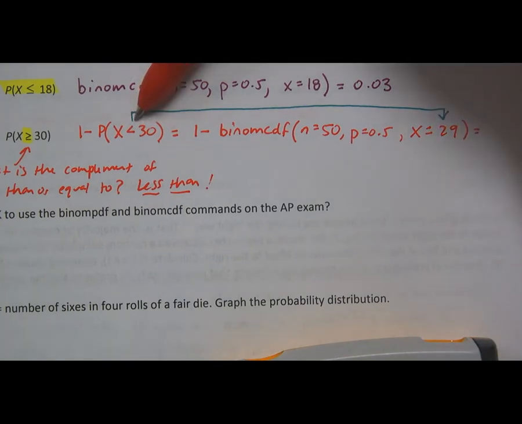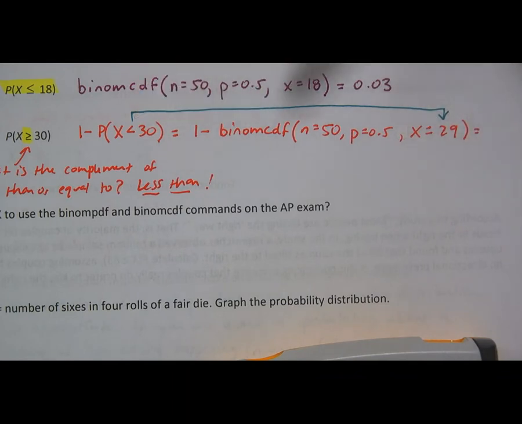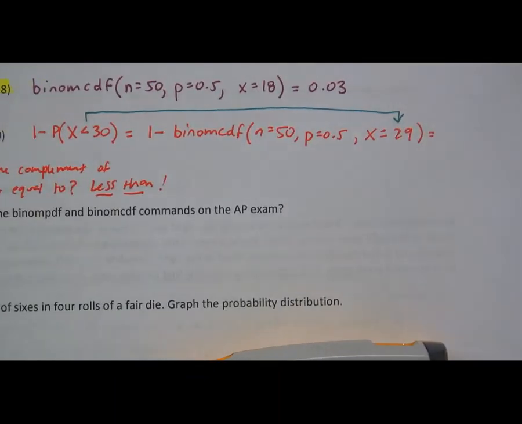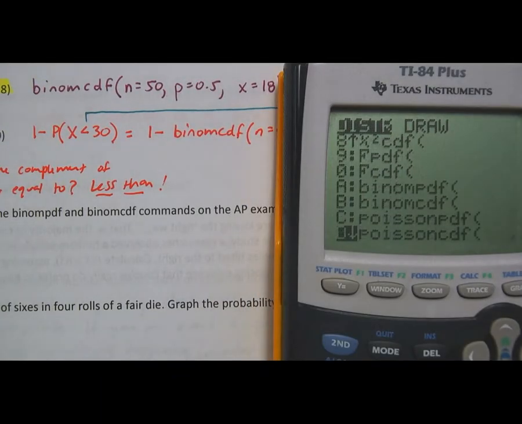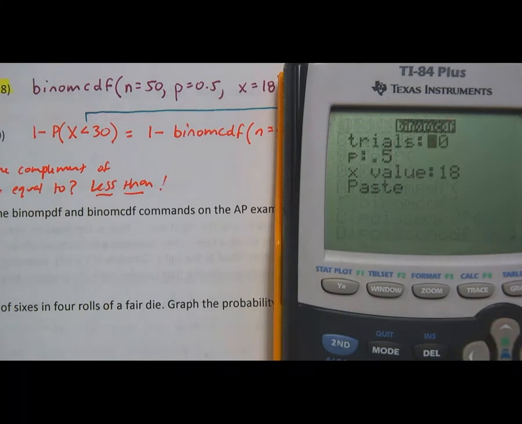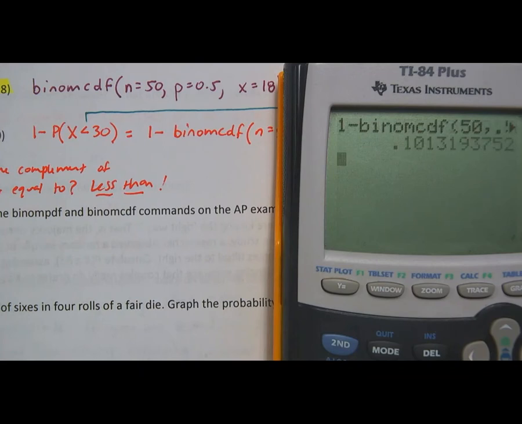So put it in terms of less than, and if you put less than 30, make sure that the number right here is 1 less than that. So 1 minus binomcdf(50, 0.5, 29), and you get 0.10.